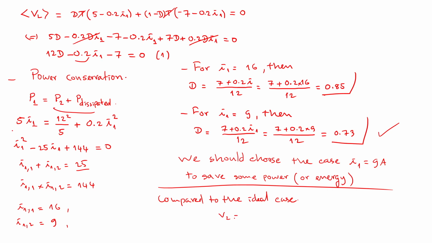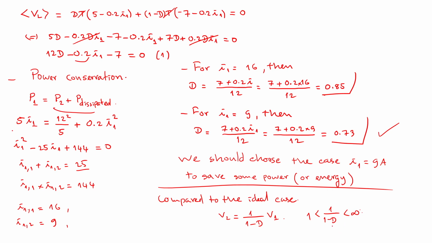We have V2 equal to 1 over (1 minus D) times V1, right? And 1 over (1 minus D) is always greater than 1. Okay? Always greater than 1.